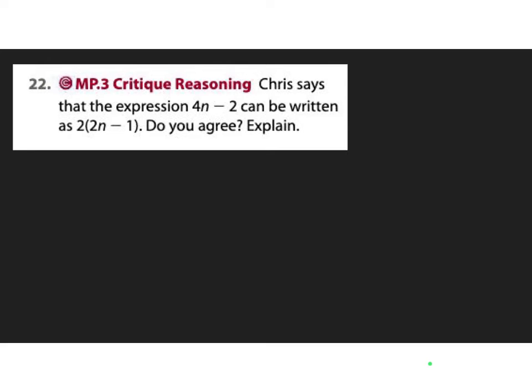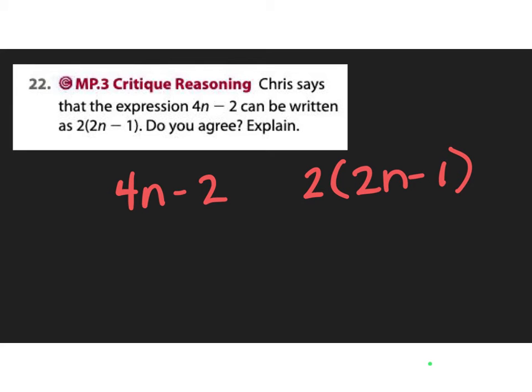This one says, Chris says that the expression 4n minus 2 can be written as 2 times the quantity 2n minus 1. What do you think? Just looking at these for a moment, do you think that's true or do you think that's false? I would recommend trying to use the distributive property on this one.